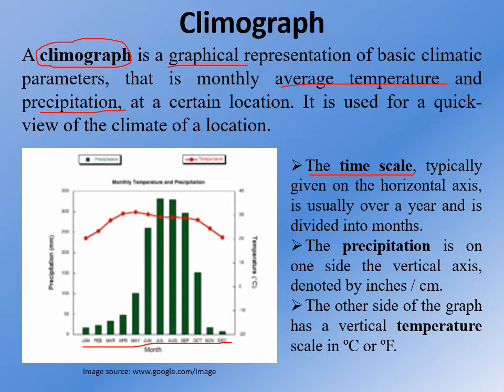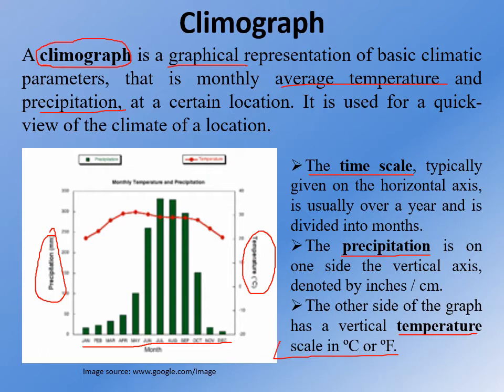In the y-axis, on one side, we show the precipitation, that is the rainfall or snowfall of any area, and on the other side of the vertical y-axis, we show the temperature in centigrade or Fahrenheit scale.